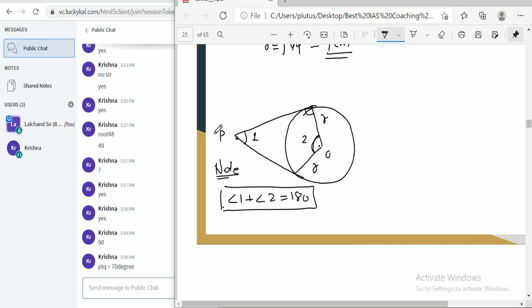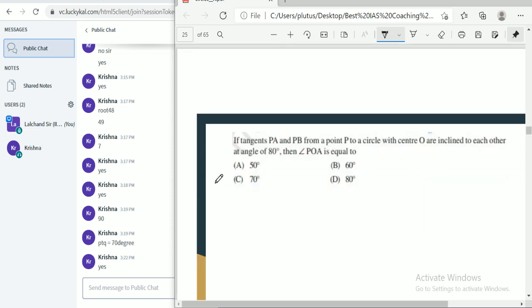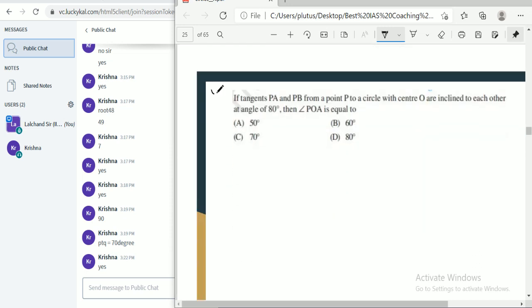Okay, this is clear to you? Okay, fine. Okay, try to solve this question. This is a similar question. Try to solve this. First, try to make the diagram of this.